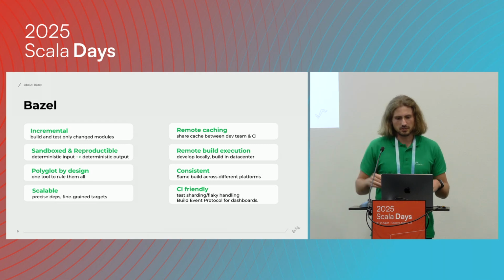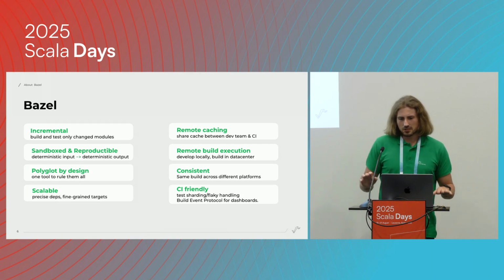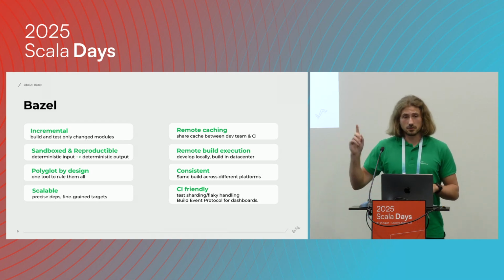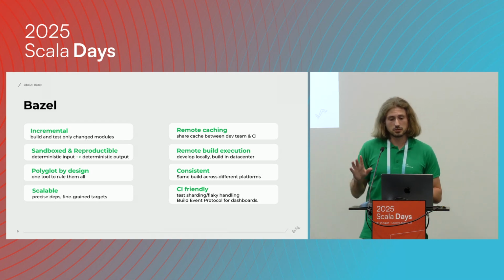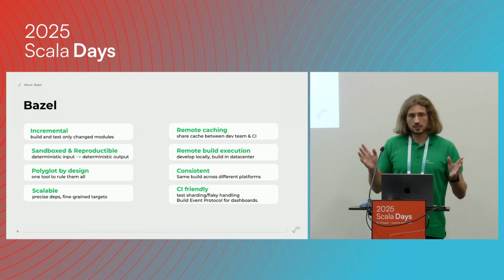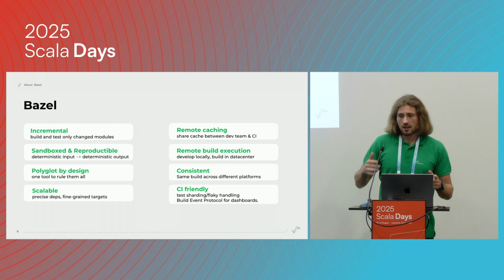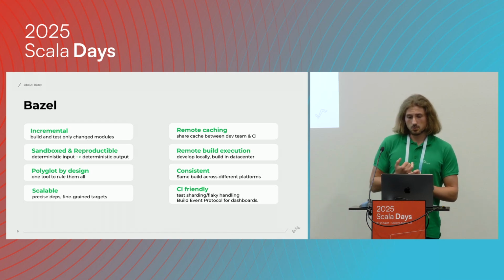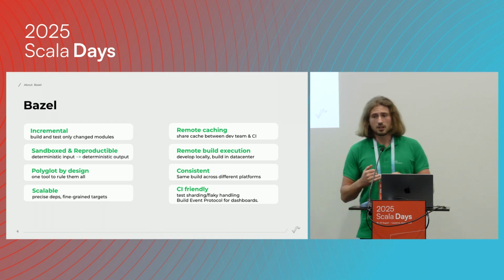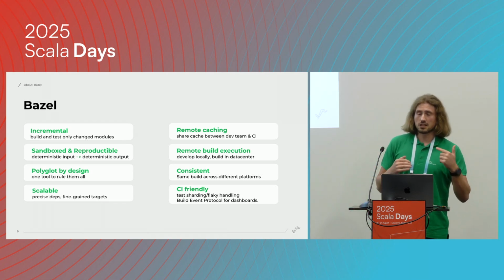cross-compiled from different platforms. Besides that, there are other features like remote caching, and the stuff that you maybe have seen at the Gradle booth with Develocity, which is, for example, using the build event protocol to show some nice UIs that are possible thanks to this. And one other thing that our friends from EngFlow are doing is remote build execution. So you don't need to build everything locally.